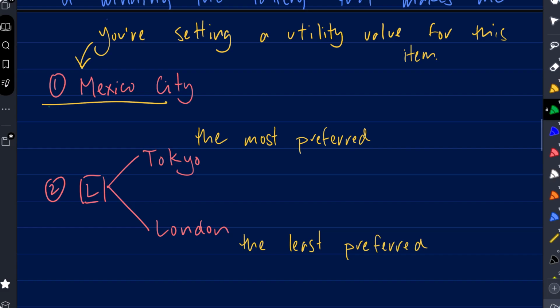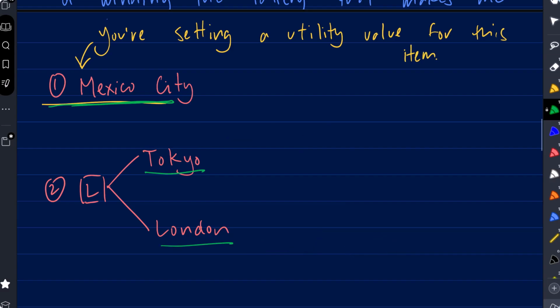This one will be different every time you do this, but for the lottery, it's always going to be between the most preferred and the least preferred. Those stay the same. So again, we need to think about some probabilities for the lottery.